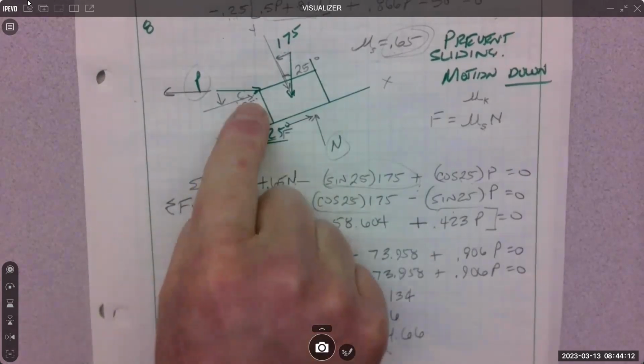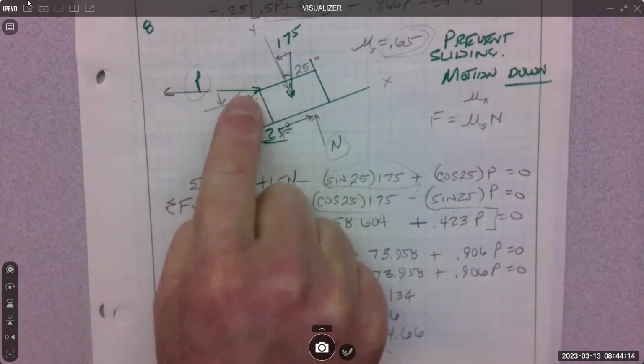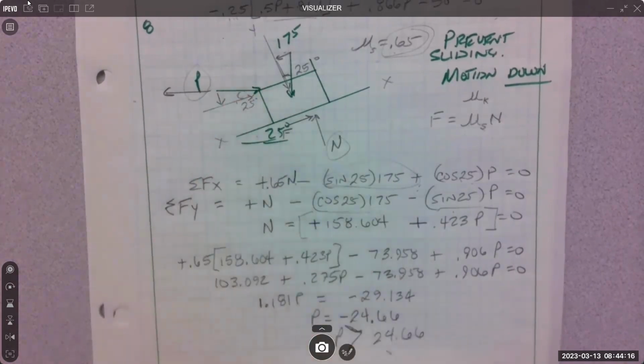This just means we assumed we had to hold it in place or it would slide down the hill. That's not true. If you just let go of it, it's not moving. To get it to move, we have to pull on it, 24.66 pounds. Tricky.